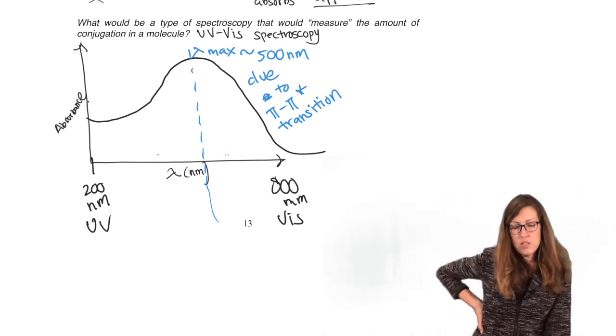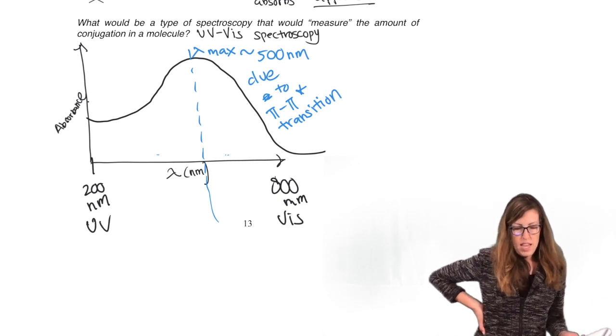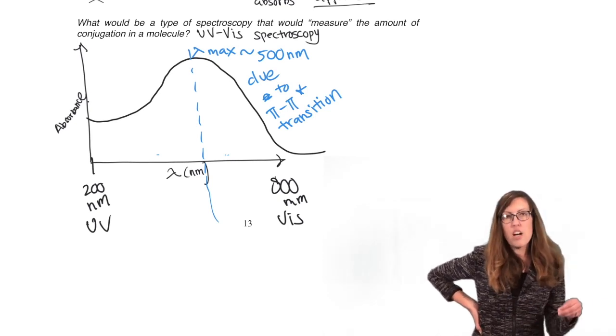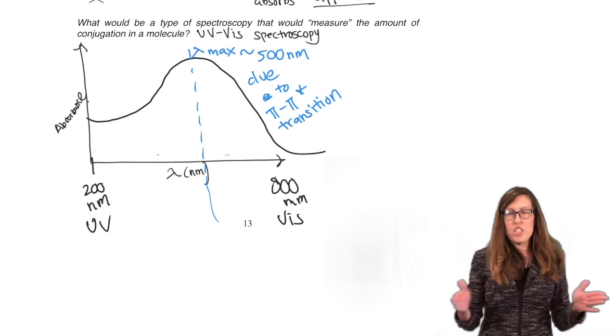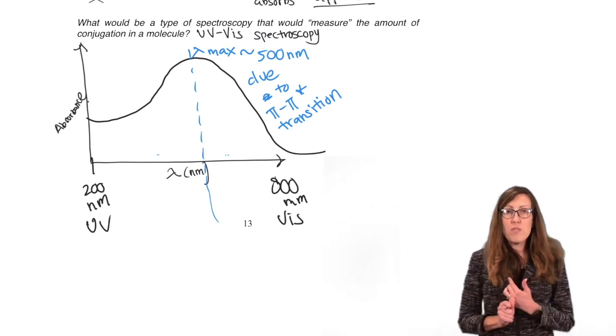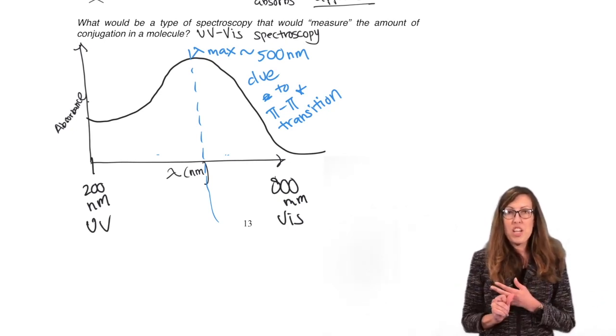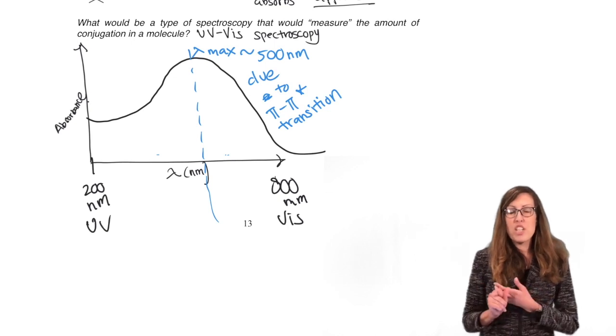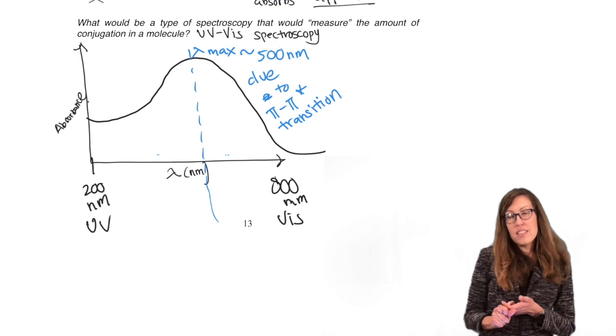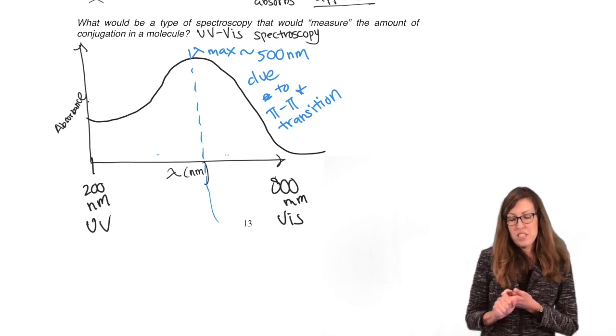Okay, so that's UV-Vis spectroscopy and the nature of conjugation from start to finish in terms of how it can change reactivity, how it can change shape, how it can change color. And what we're going to do next is study one of the biggest reactions, a carbon-carbon bond forming reaction, the Diels-Alder.